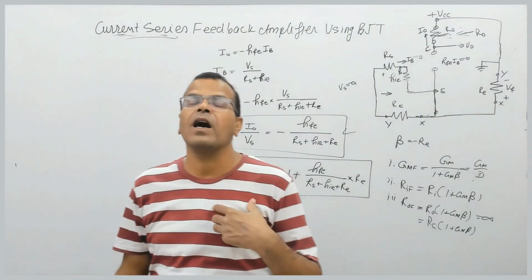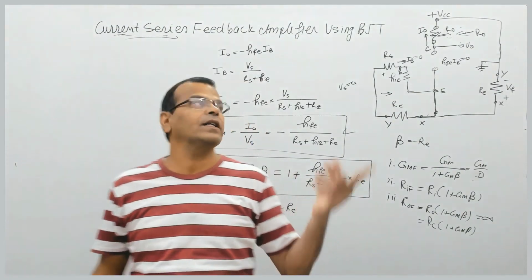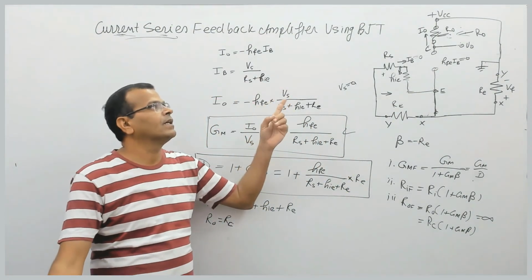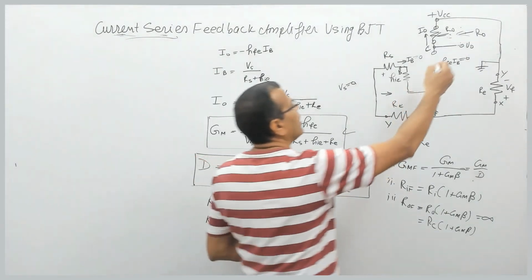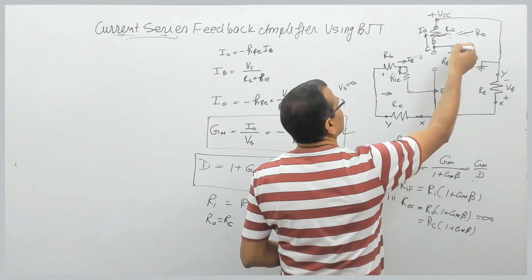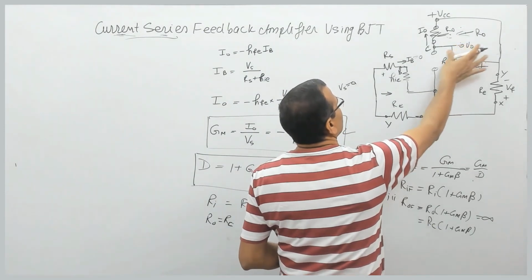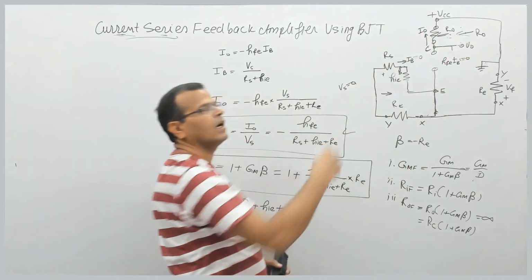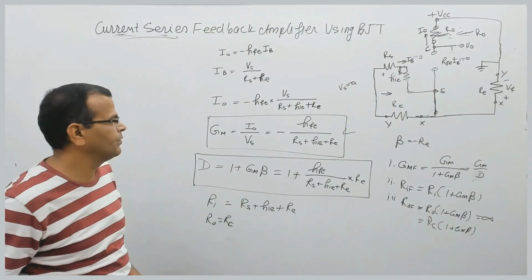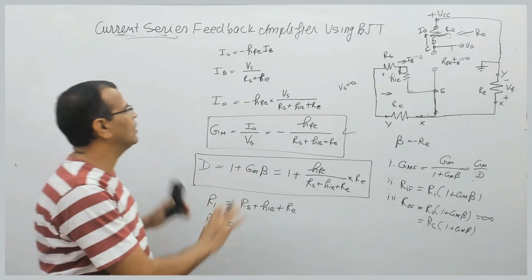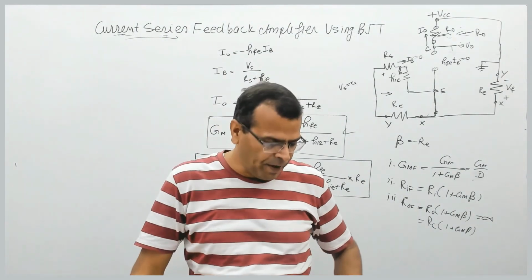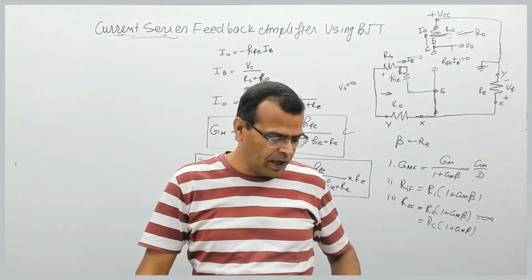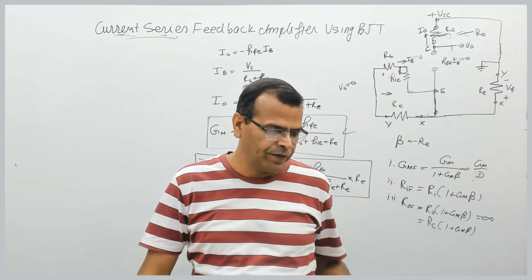When RC itself is the load, you have to take it this way. And if our load is connected separately, in that case replace it by open circuit and RC will be taken into account, right? So this is your current series feedback amplifier without feedback loading, fine.